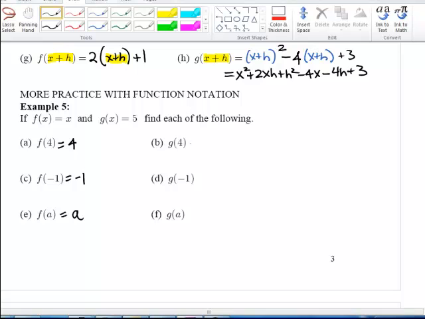And g, if I want g of 4, that should just be 5. And similarly, if the input is -1, the output is 5. Or if the input is a, the output is 5. So we call it a constant function because the output stays the same no matter what the input is, right?